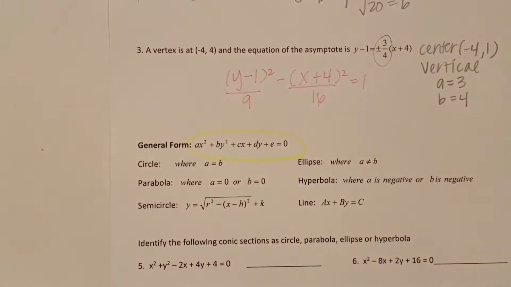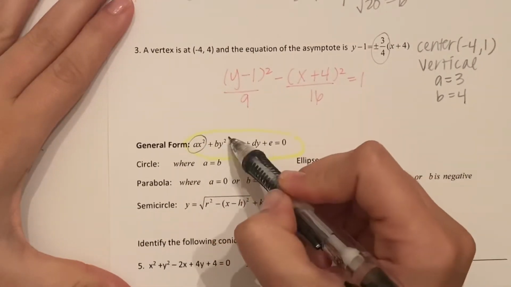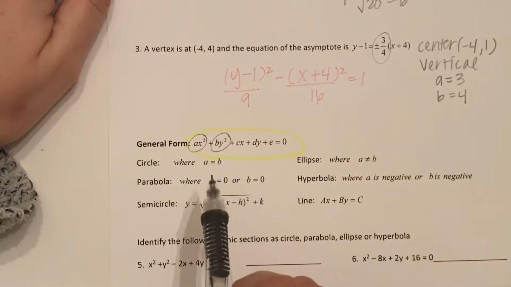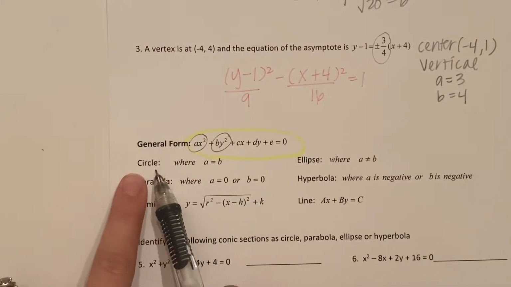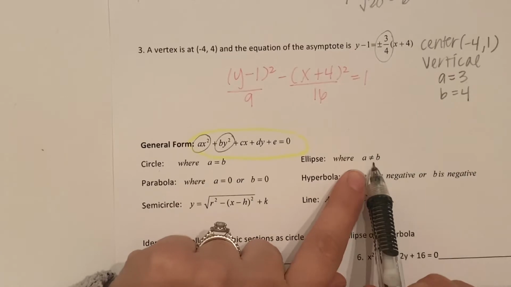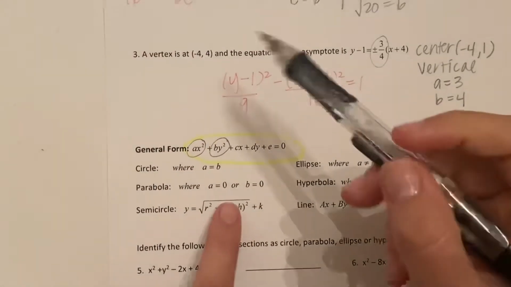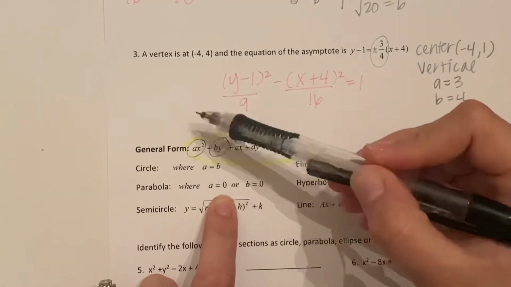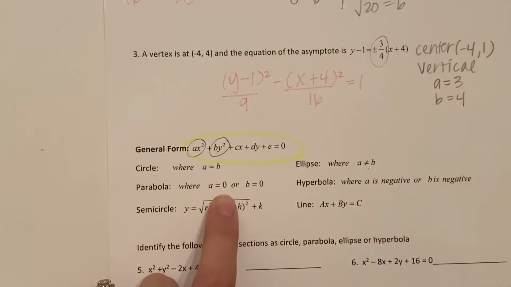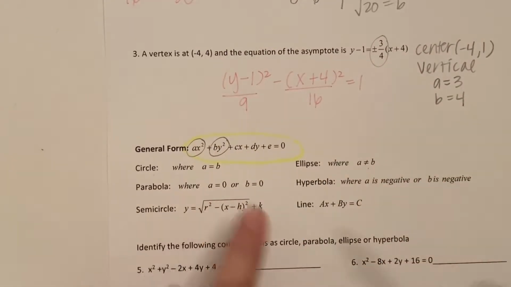So we're really going to be primarily looking at a and b, which comes before x squared and y squared. If a and b are the same number, that means it's a circle. If a and b are different numbers, that means it's an ellipse. For parabola, one of a and b is going to be 0, which means either x squared or y squared is going to be completely missing. If one of them isn't there, it's a parabola.